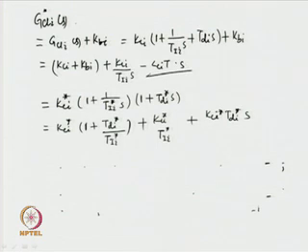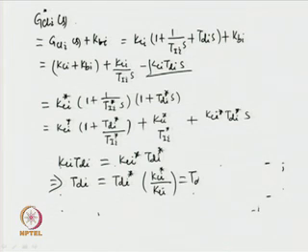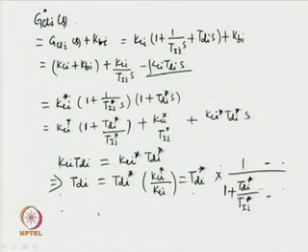Here we have seen Kci Tdi is equal to Kci star Tdi star, which again gives us Tdi is equal to Tdi star times Kci star upon Kci, which is the same as Tdi star times 1 upon 1 plus Tdi star upon Tii star minus Kbi upon Kci star.